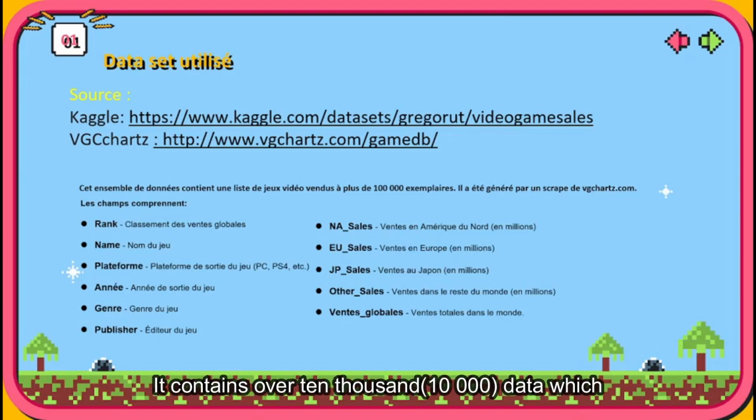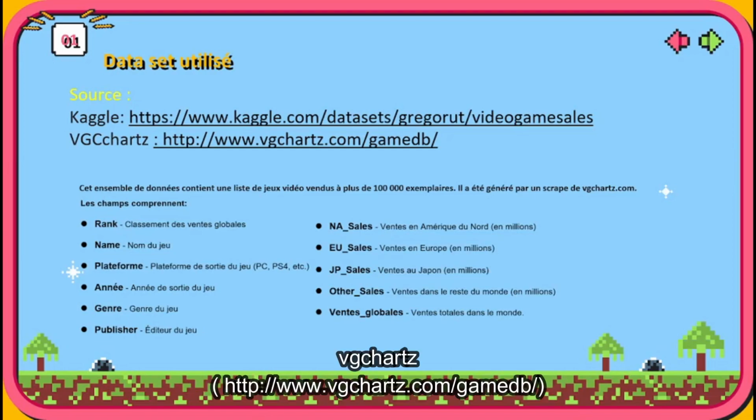It contains over 10,000 data, which shows that the data is big enough to be convincing. Originally, the data was extracted from the VGC chart. Here's the site VGC chart, and the words in bold here are the variables of our data.